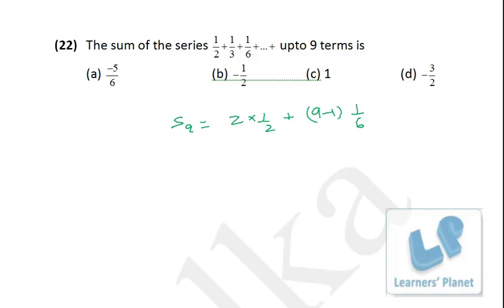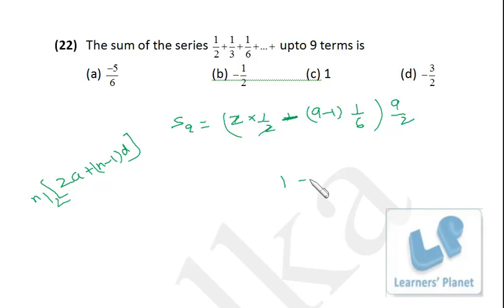And since this is a decreasing arithmetic progression, the difference will actually be minus 1 by 6. So 1 by 6 and here we'll put minus 1. So that's 2A plus n minus 1 D into n by 2, right? So into n by 2, that means 9 by 2.